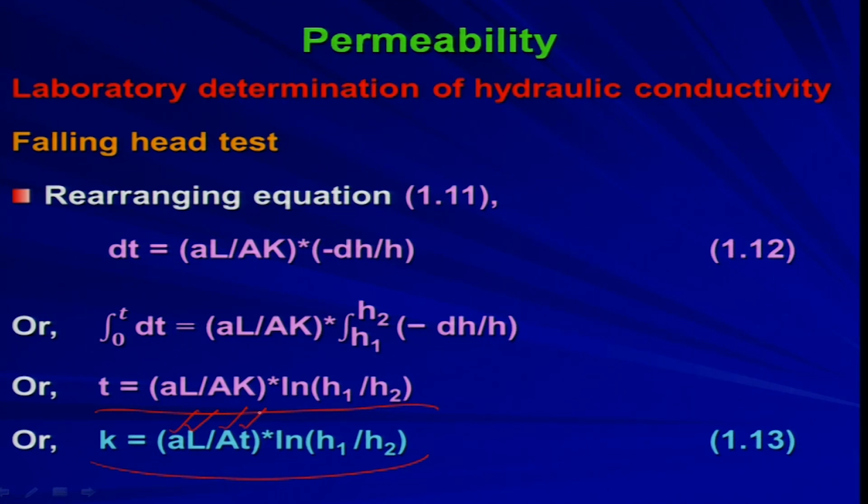T is the time at which your head is falling from H1 to H2. H1, the head difference at the starting level, you can record, and of course H2 you can record at the completion of the test. So, if you know all the parameters you can find out the coefficient of permeability or the hydraulic conductivity.